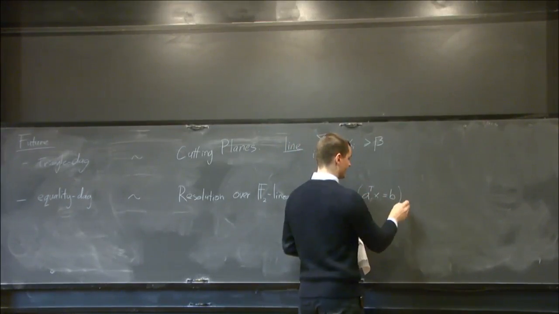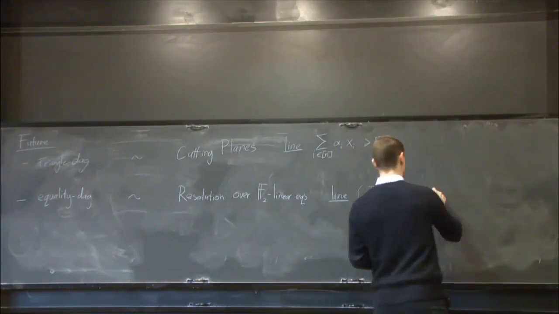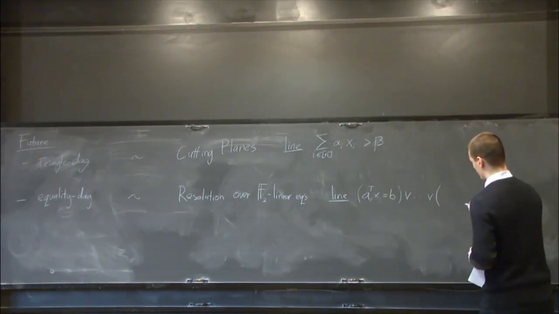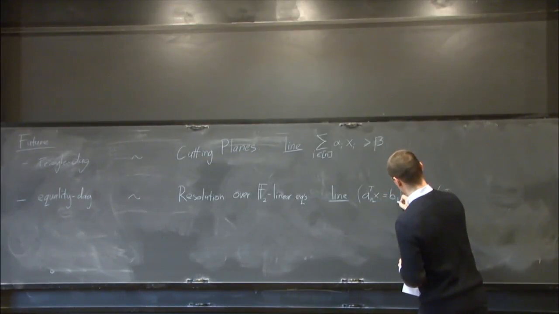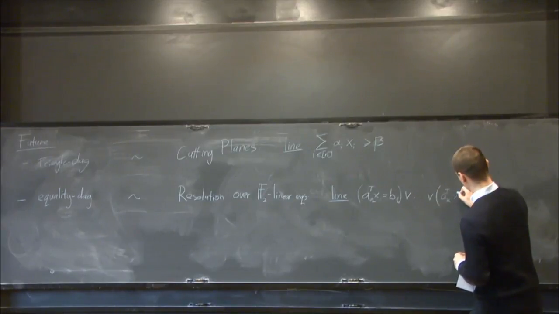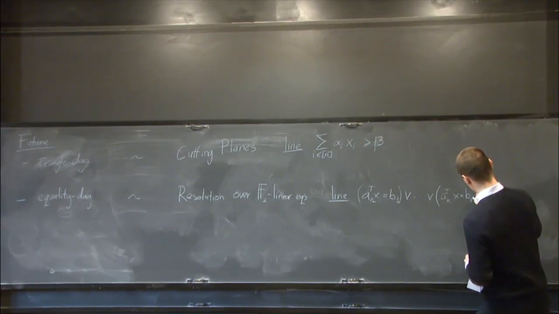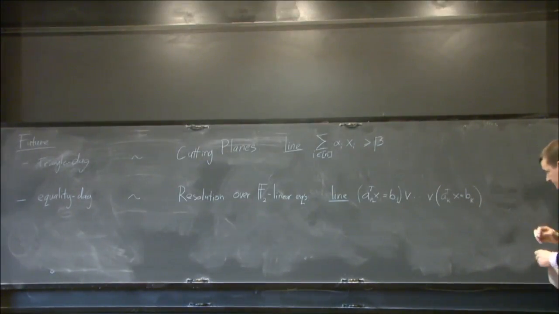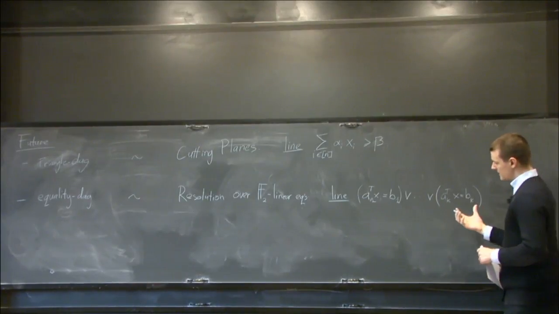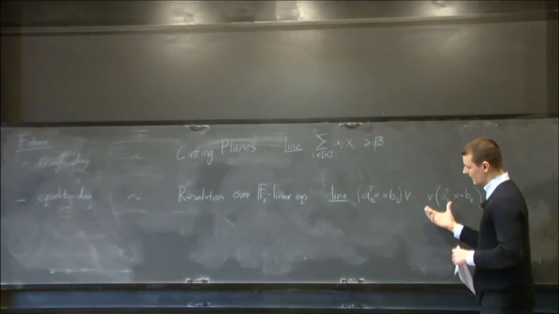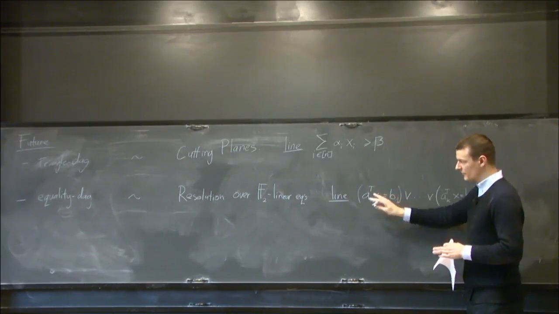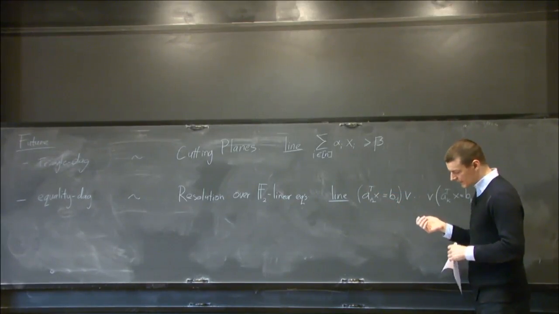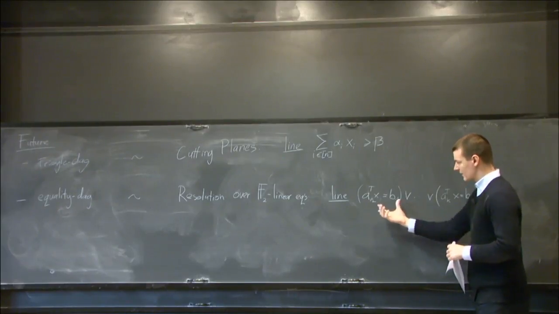So you have a condition like this and more of them, altogether say K. And again, it's important here that the power of this model comes from having many of them.